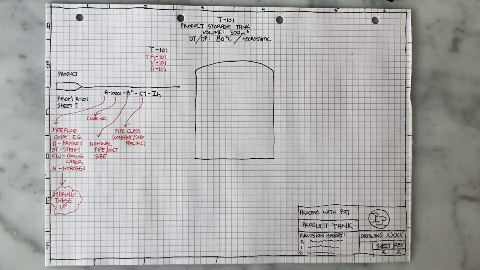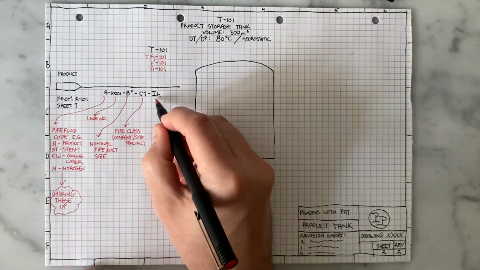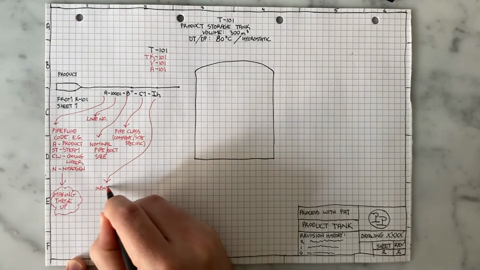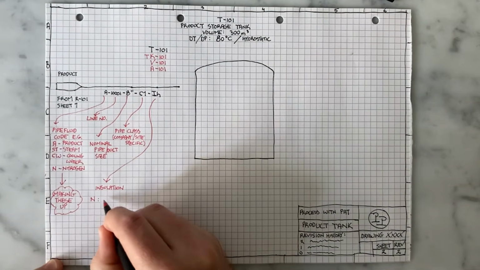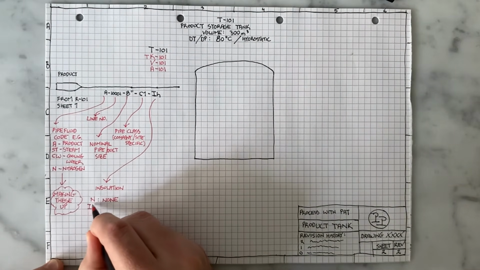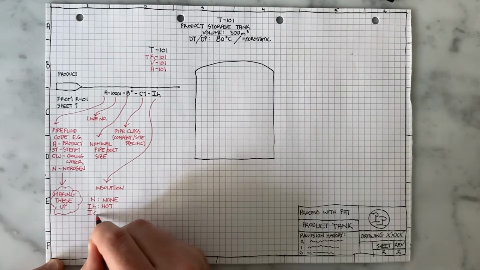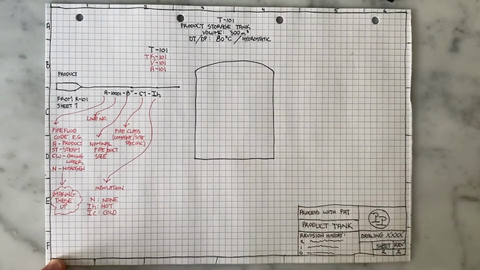Finally, the last letter is usually the insulation code. So if my line isn't insulated, I could put something like N to say no insulation. If I do insulate it, I usually say why I'm insulating it. So H means hot, C means cold. That means that I'm trying to keep the fluid inside the pipeline hot or cold.